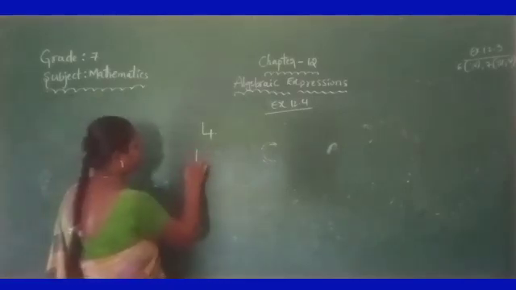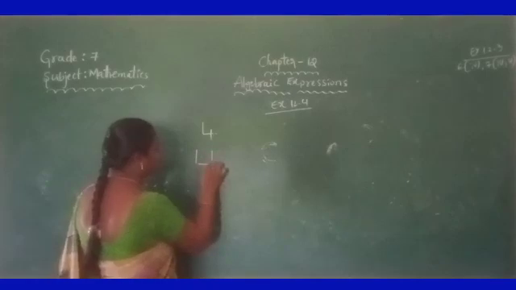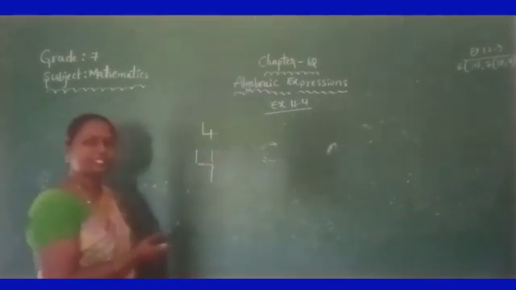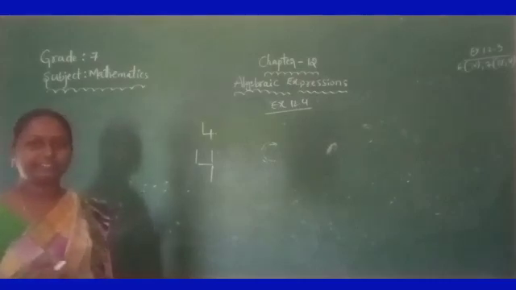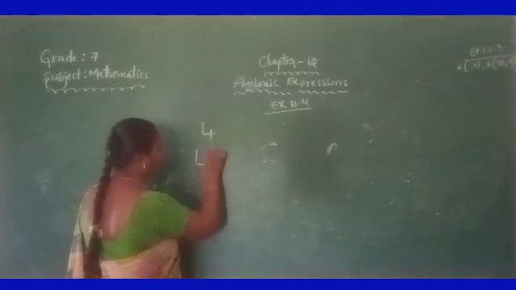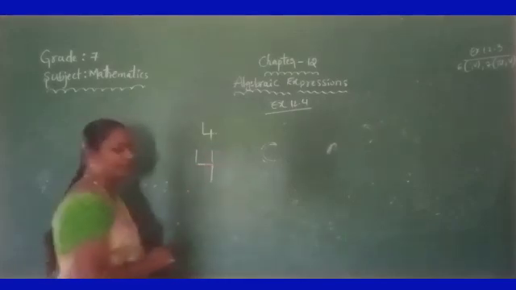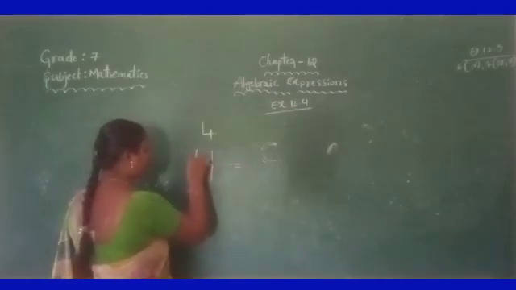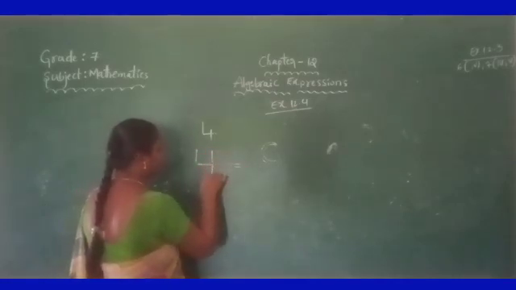That is 1, 2, 3, 4. Where did you see such type of digits? Exactly, in the digital clock. So we have to form the digit 4 here. How many line segments do we need? Count 1, 2, 3, 4.